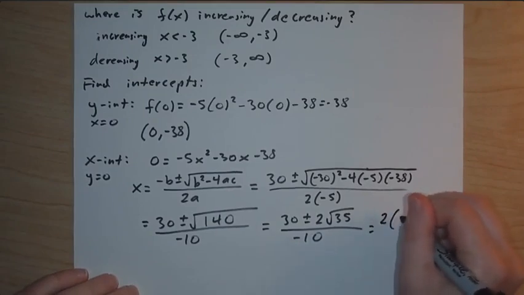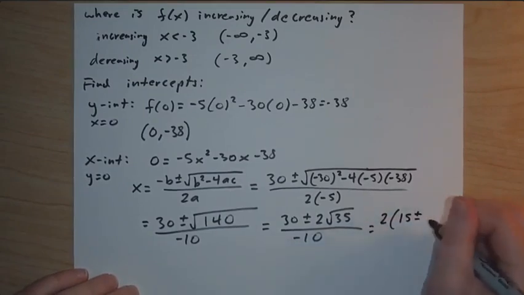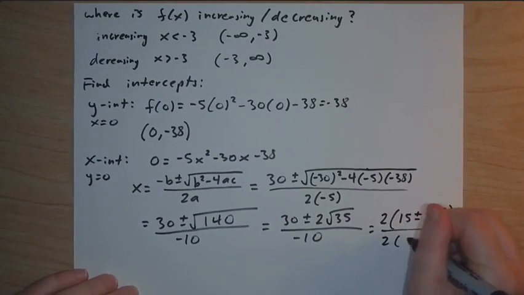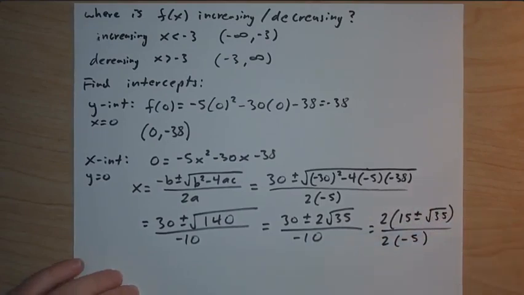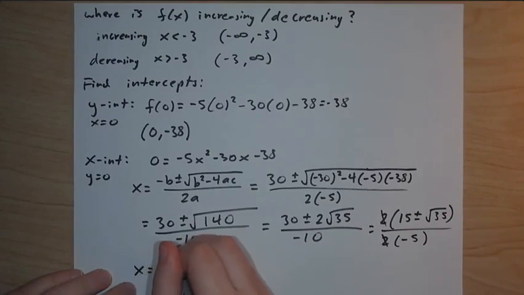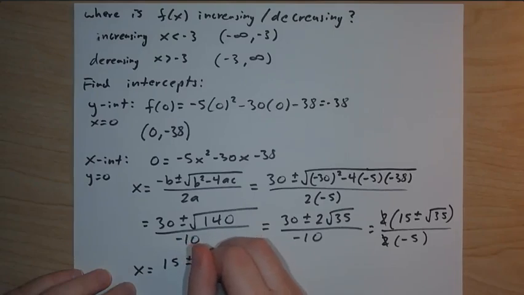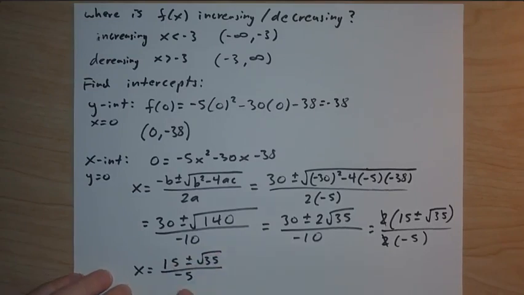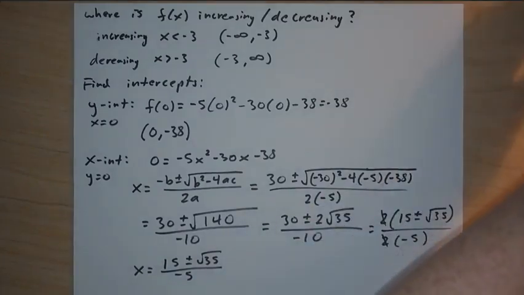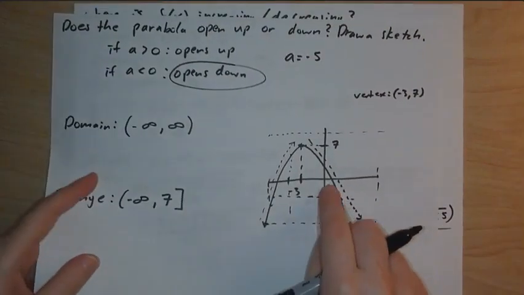So this is 2 times (15 plus or minus 1 times the square root of 35) divided by 2 times negative 5. And 2 over 2 is just 1. So this simplifies to x is equal to 15 plus or minus the square root of 35 divided by negative 5. And we have 2 x-intercepts, plus or minus, which would make sense in our picture where we touch the x-axis twice.